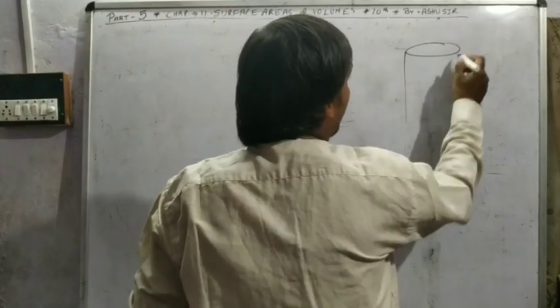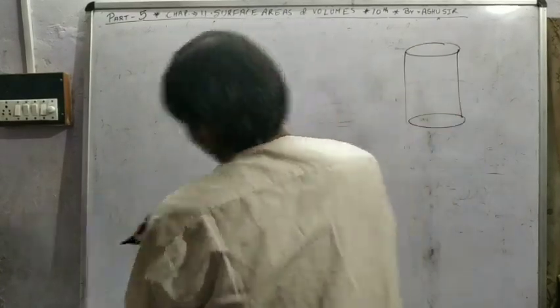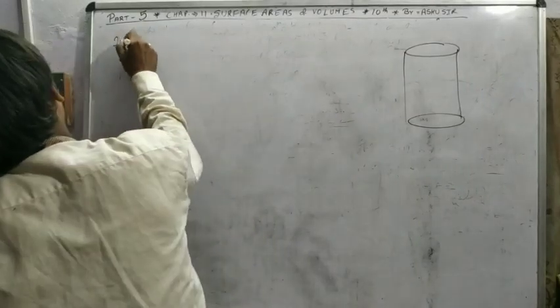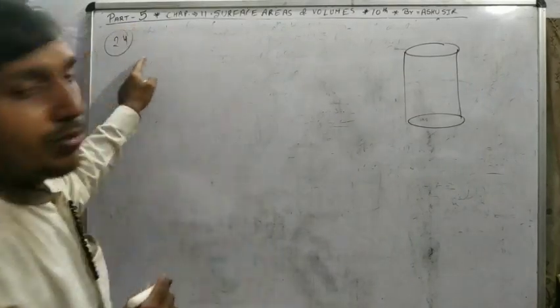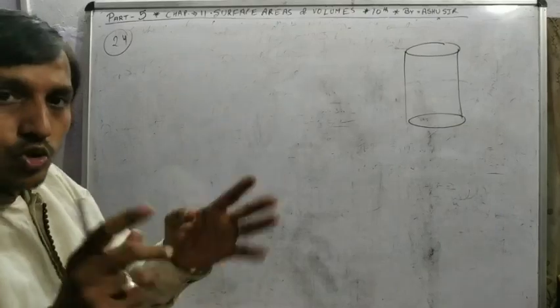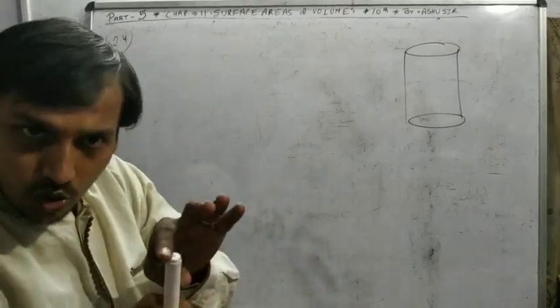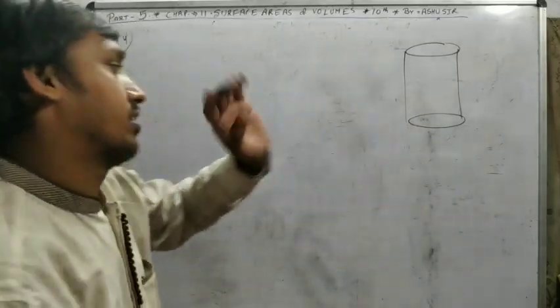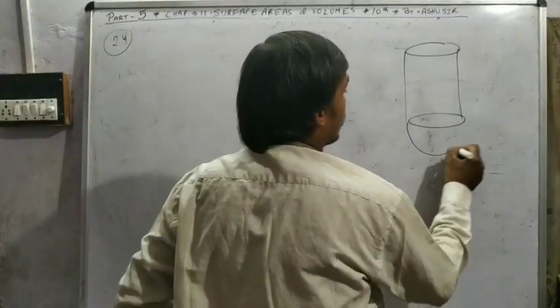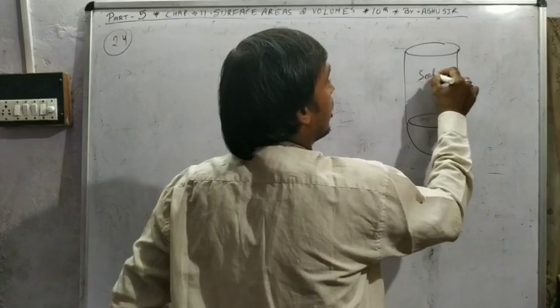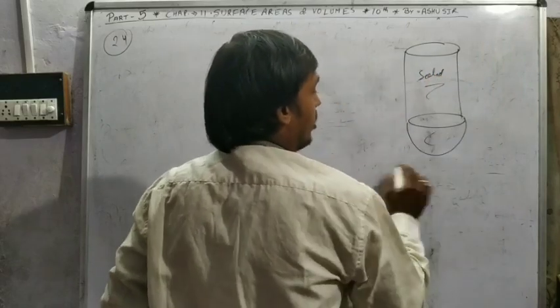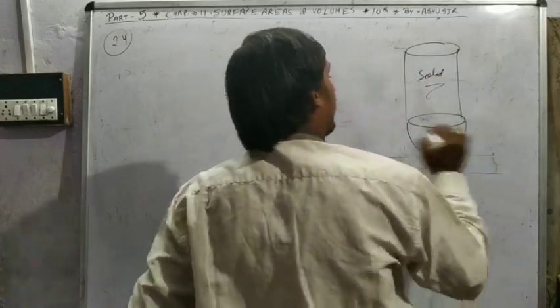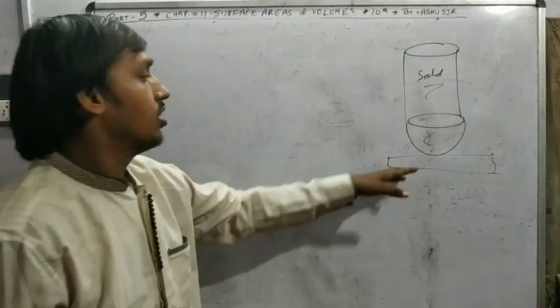The trophy is made up of a solid cylinder and hemisphere. This is question number 24. We write the question number only for you. The question showing and the question solving are the same.